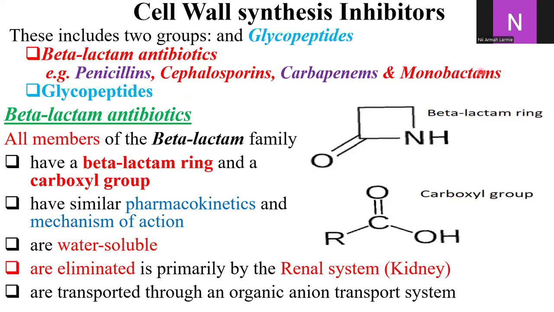But it's been shown that monobactams seem to have a more robust activity against bacteria because of the single beta-lactam ring compared to the others. So it is important that we understand that all beta-lactam antibiotics have a beta-lactam ring and a carboxyl group that makes them water-soluble and hence eliminated by the kidney.